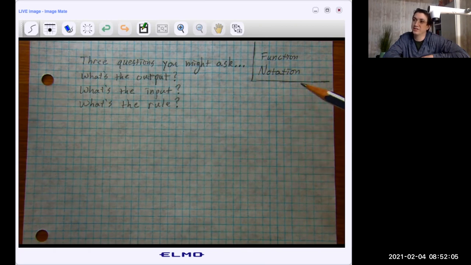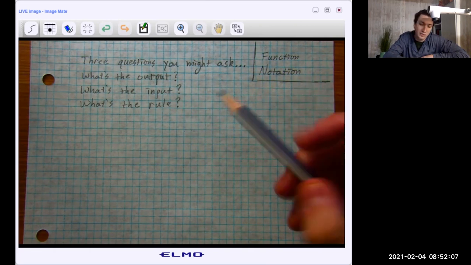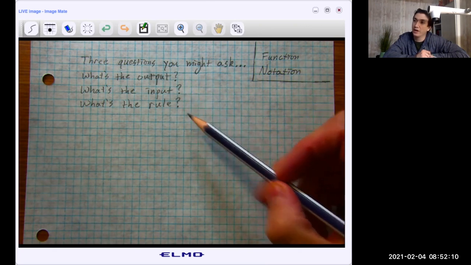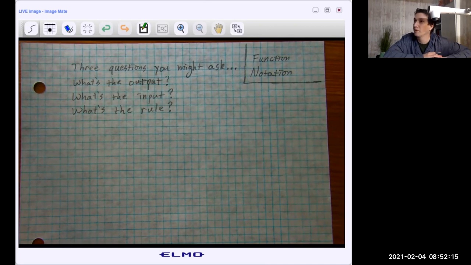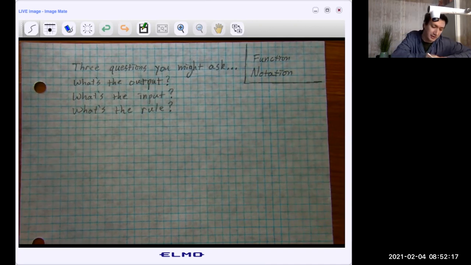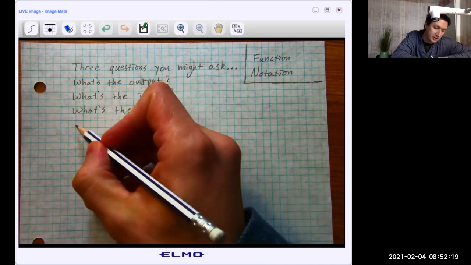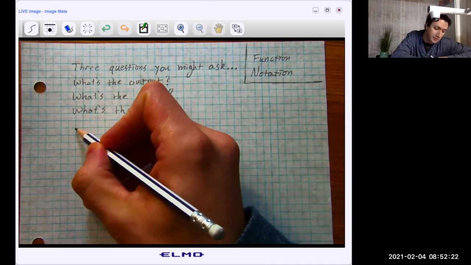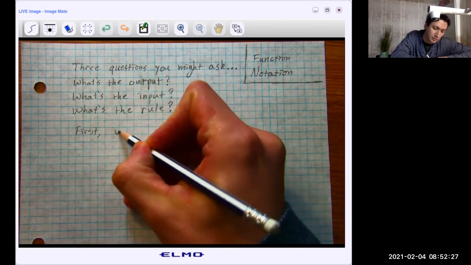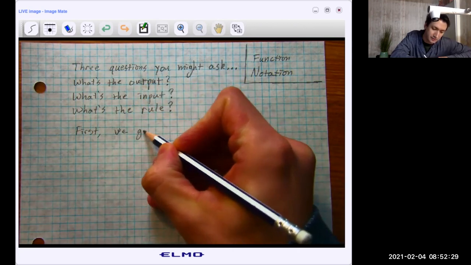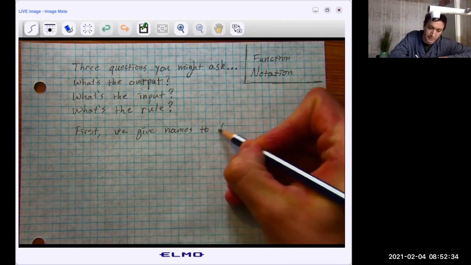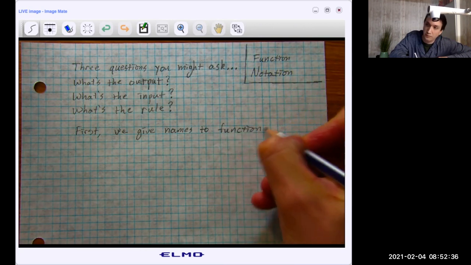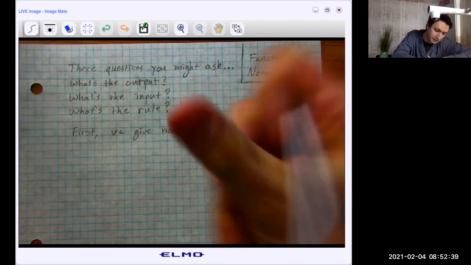And with function notation today, we're going to see how we can ask these different questions and how we write it out. So first thing, we like to give functions names.